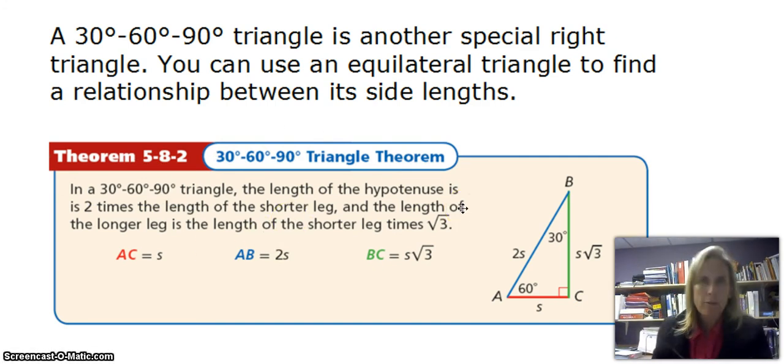And so in this type of a triangle, because it's commonly found in real-world applications, the discovery was that the smallest side of this type of triangle, let's say it has a length of s, has a special relationship with the other sides. It's very interesting. If you know the smallest side, s, then you know the length of the hypotenuse is twice the s.